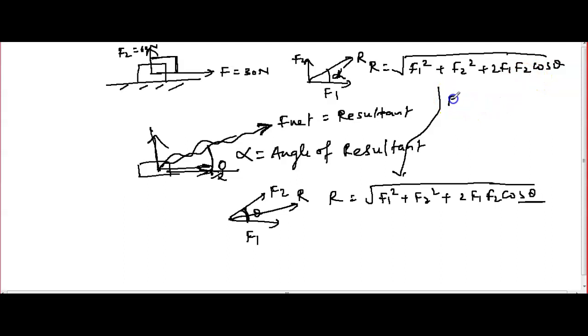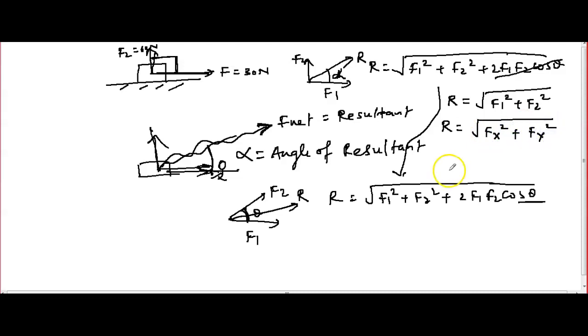So whenever the forces are given horizontal and vertical, we can rewrite this formula as F1 square plus F2 square, because the whole term becomes 0. Cos 90 is 0. We can also write it another way: horizontal square plus vertical square.